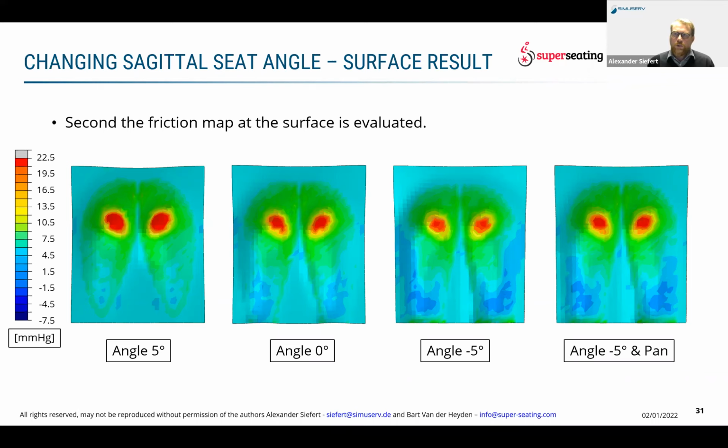We looked first at the friction map at the surface. Looking at the values, same range and same sequence as before, the highest values occur for the inclined setup. Then we thought, what could be the reason for that? We are talking about the friction between the surface of the cushion and the patient. Let's assume I have the force coming from the back, and this force has to be somehow transduced to a horizontal force.